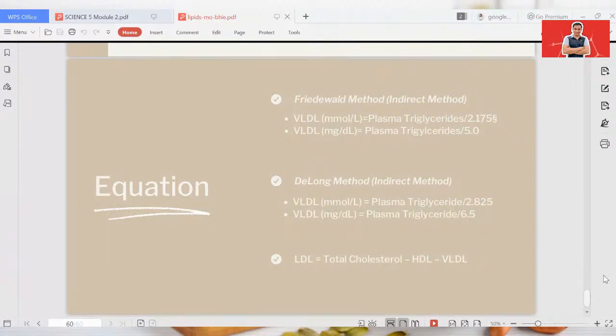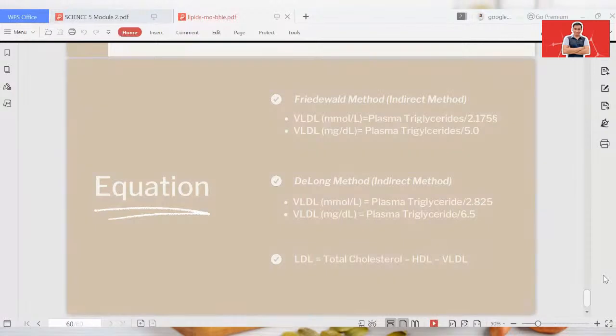So DeLong method and direct method. In VLDL, millimoles per liter equals plasma triglycerides divided by 2.825. Sa VLDL naman na mg per dL is equals to plasma triglyceride divided by 6.5. While sa low density lipoprotein equals total cholesterol minus HDL minus VLDL.